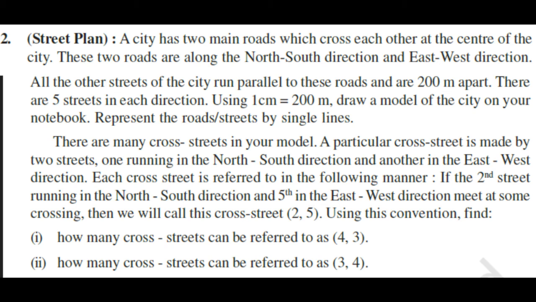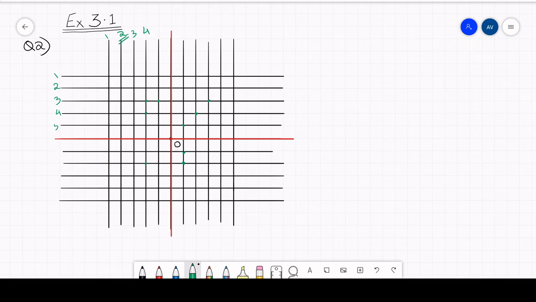So if I start labeling from here, the fifth street running in the east-west direction, wherever they meet, the cross street where the second street and the fifth street are meeting is this point out here, and they're saying that we will call this cross street (2, 5). Fair enough. So the 2 represents north-south street number 2, 5 represents east-west street number 5.